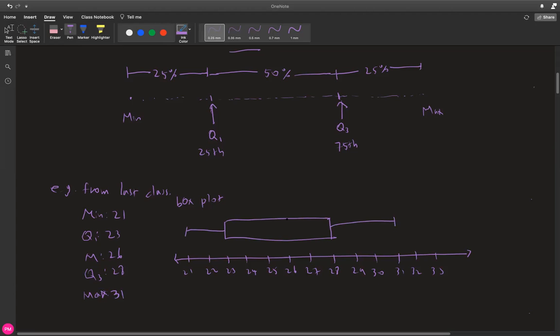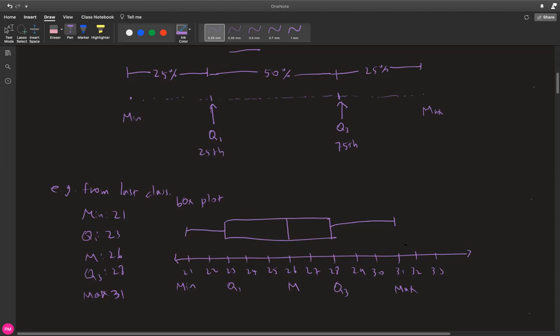And we have the median. So we can see that this is the minimum, this is the first quartile, median, third quartile, and lastly, maximum. So this is what we did last time.